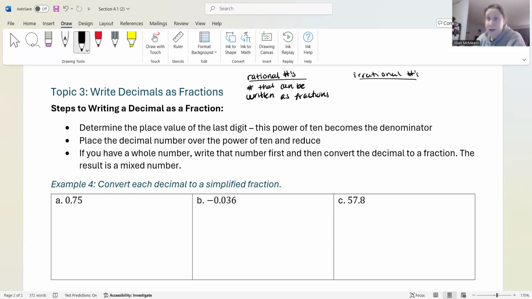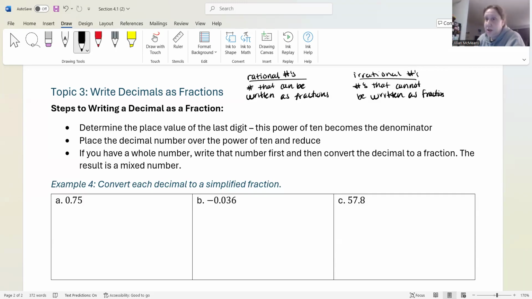Irrational numbers, on the other hand, can never be written as a fraction. So numbers that cannot be written as fractions. Now, not just any old number. These are decimals. Okay. In both cases, you can have decimals.